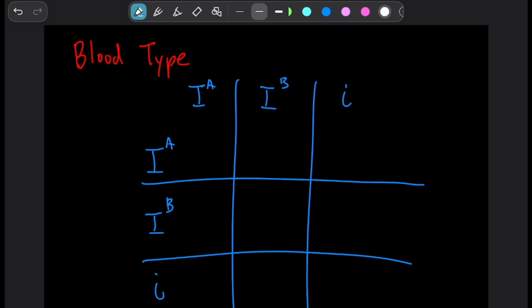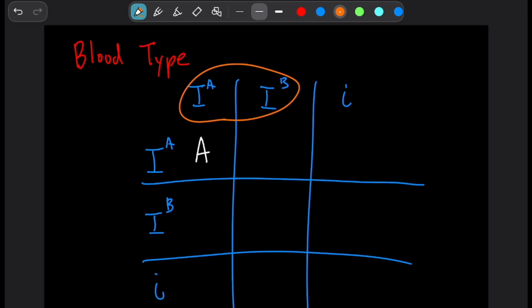So for example, if you have the A type and A type, you end up with A type, and these two are the dominant ones. When A meets B, we will get a new blood type called AB. So let's fill this in. This is recessive, so when it meets a dominant one, these two are dominant, remember?